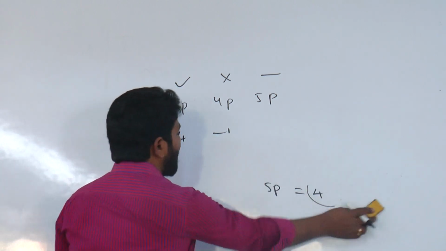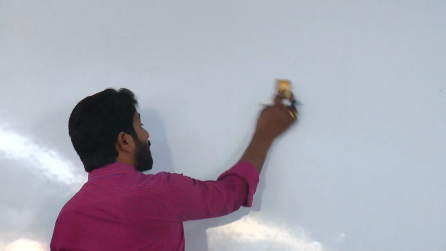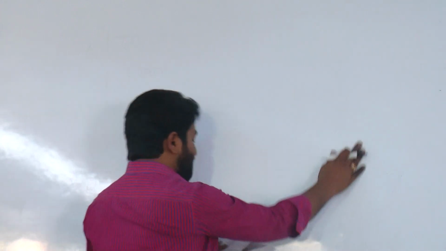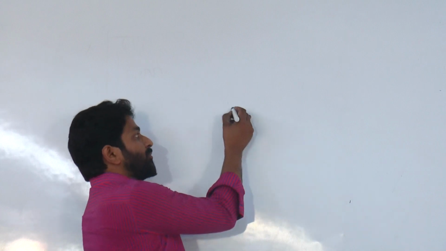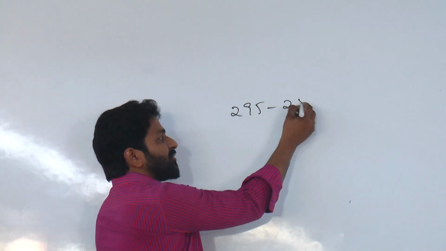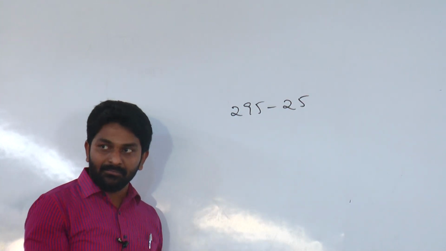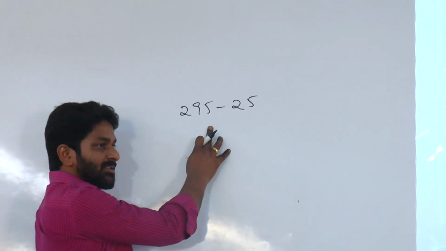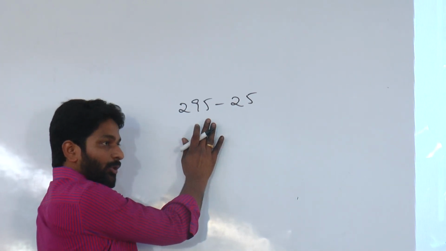So the captain scored 25 more than the average of the remaining people. Those 25 extra runs are also there in 295 runs, right? So let me first subtract the extra runs scored by the captain from the total. How much is this? 270.